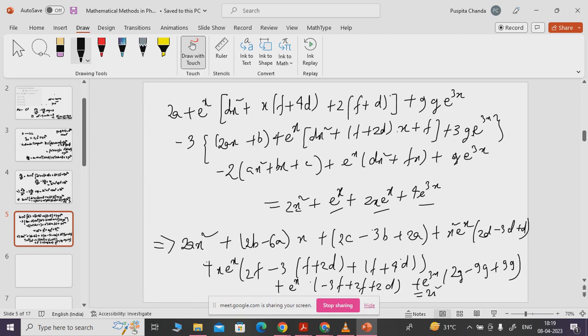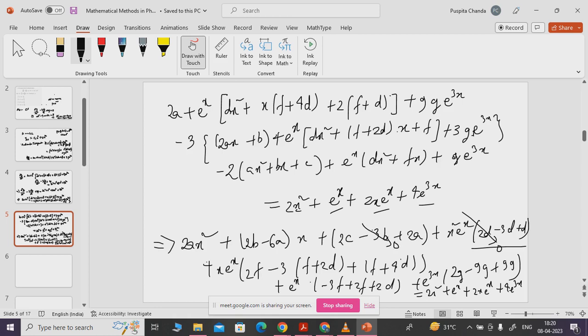This will be equal to 2x² + e^x + 2x e^x + 4e^(3x). By comparing the coefficients, we can see there is no term of x² e^x on the right hand side, so this term will be 0. There is no constant term, so it will be 0.